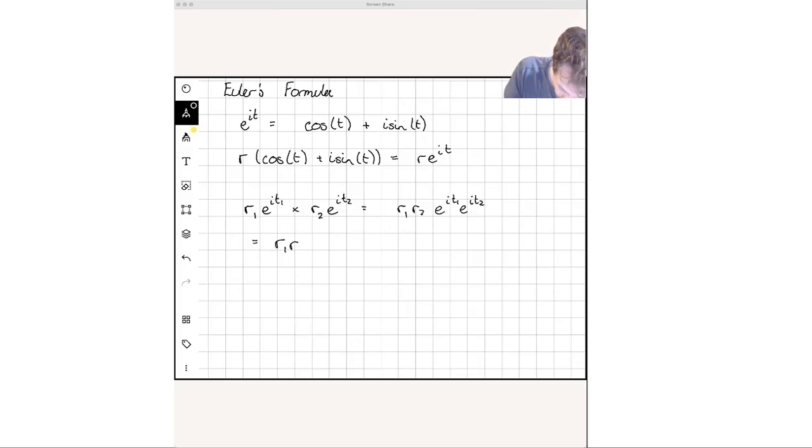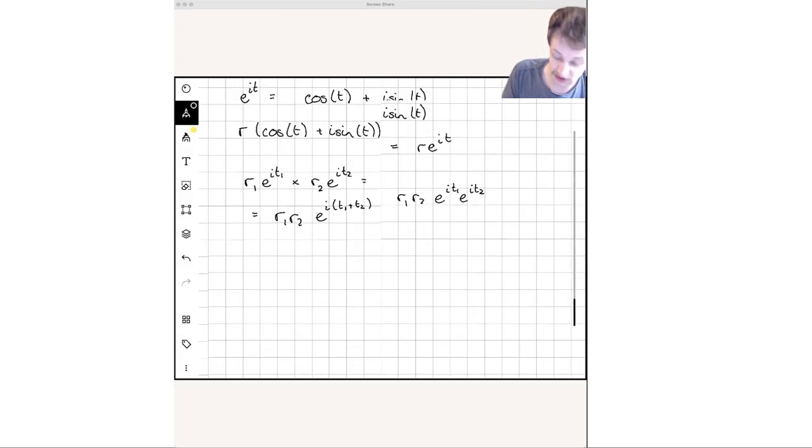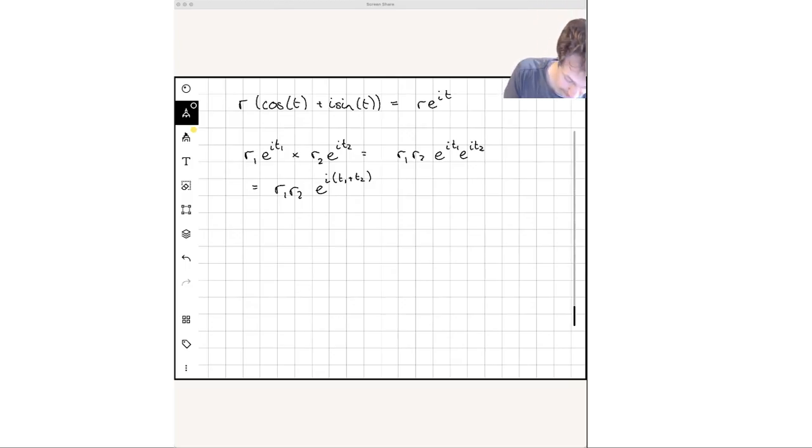So this is just r1 r2 times e to the i (t1 plus t2). So all we had to do was multiply together the moduli and add together the arguments. It also makes it actually really easy to find a complex conjugate, because the complex conjugate of r e to the it is just r e to the minus it.